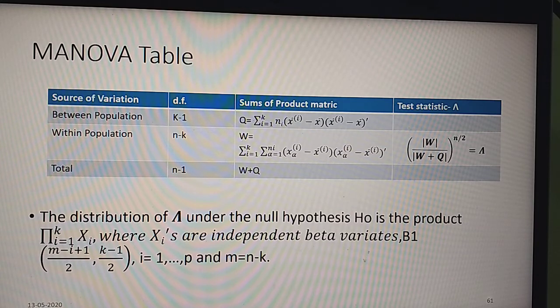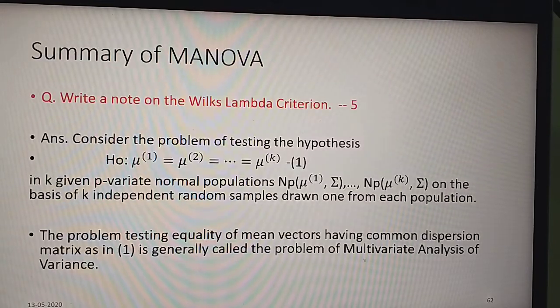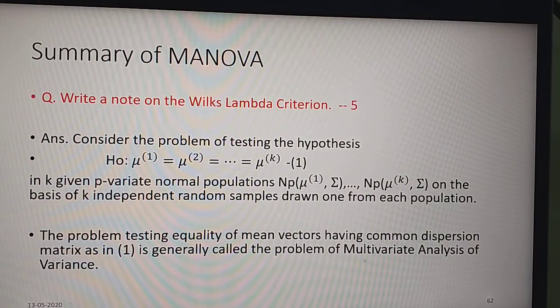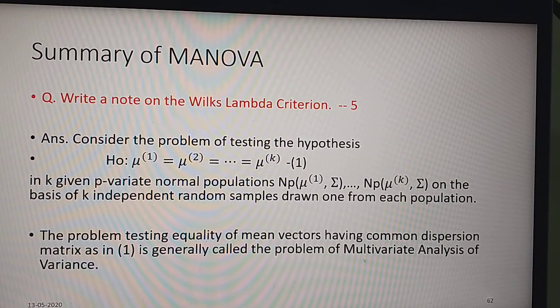Now, in the next discussion, we will have a summary of what we have done in MANOVA. There is a very common question that is often asked in the end semester examination, that is, write a note on the Wilks lambda criterion, up to 5 marks or 6 marks it may be.